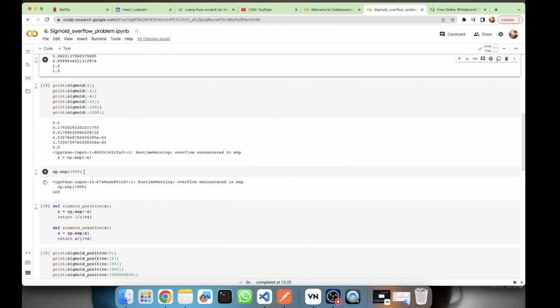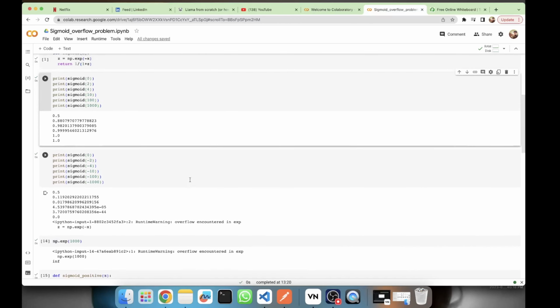We can see the same error when you pass the value 1000 to np.exp: it gives an overflow error, and it's telling that it is infinity.